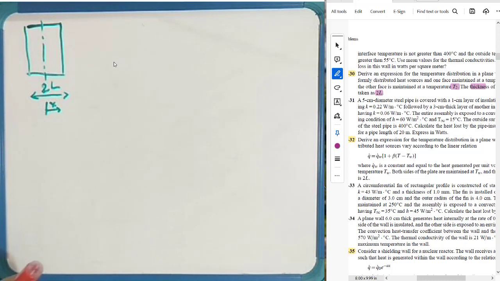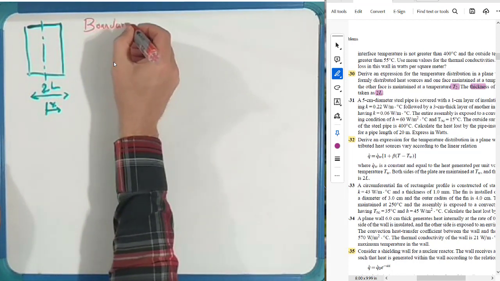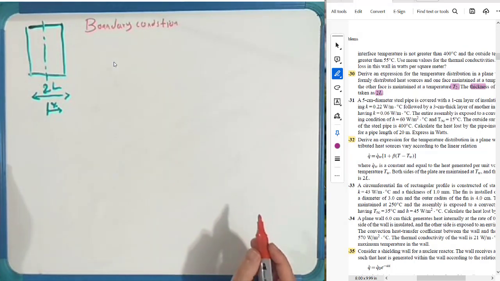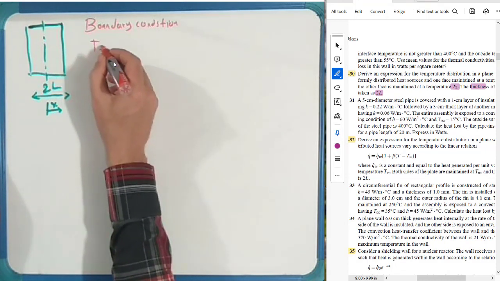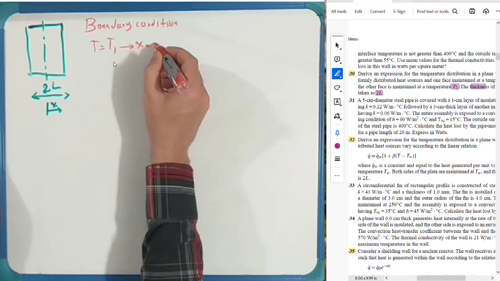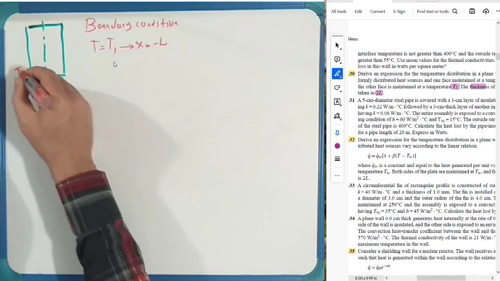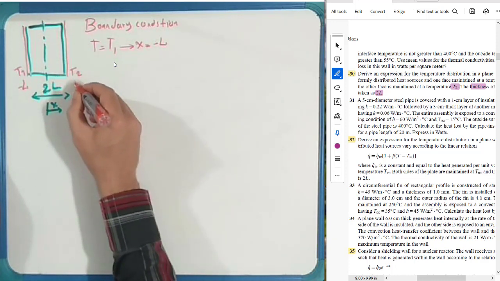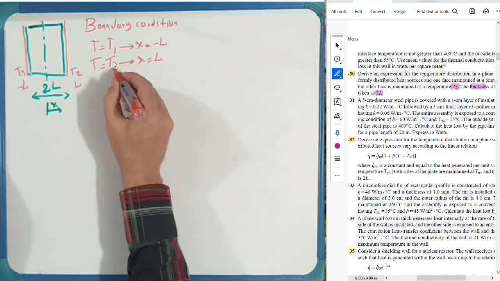Then we know from the boundary conditions that T equals T1 when x equals minus L, which is here, and on this wall T2 when x equals L, then T equals T2.